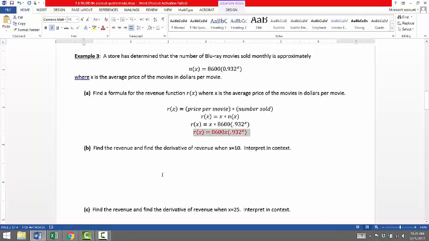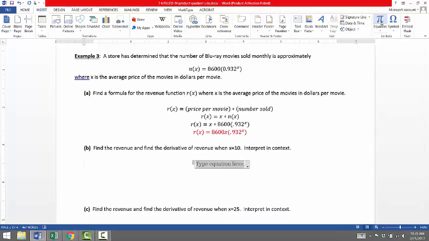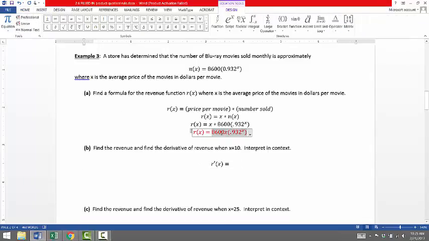All right. B says find the revenue and find the derivative of revenue when X is 10. So clearly we're going to need a formula for R prime. Our function R is actually a product of two functions. The first function I see here is 8,600X.